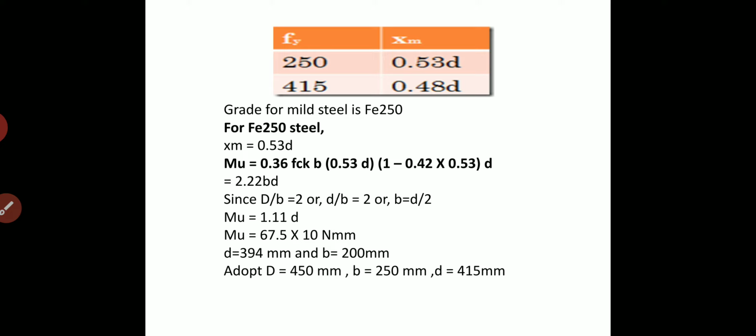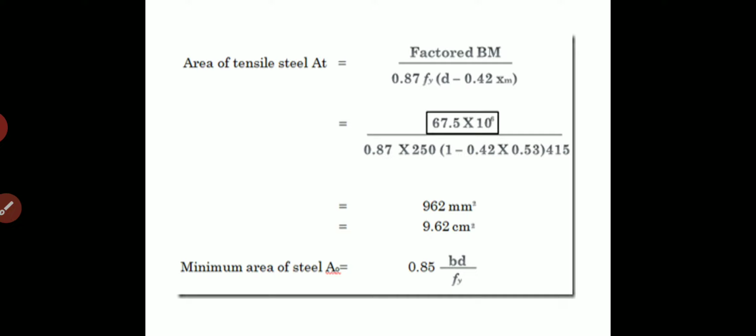Adopt capital D equal to 450, B equal to 250 and small d equal to 415 mm. Area of tensile steel: this formula uses factored bending moment. Factored bending moment means the factor of safety applied to the bending moment. So bending moment into factor of safety, which is the factored moment, divided by 0.87 fy (d minus 0.42 xm).